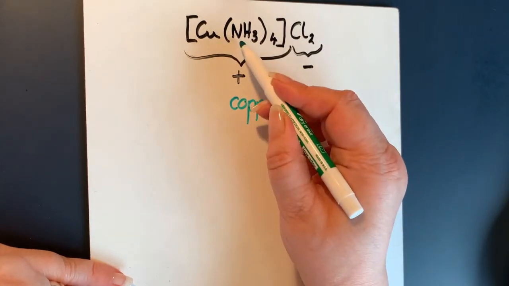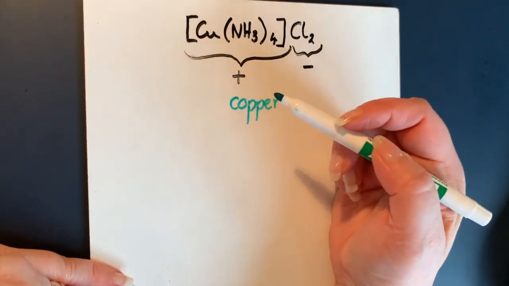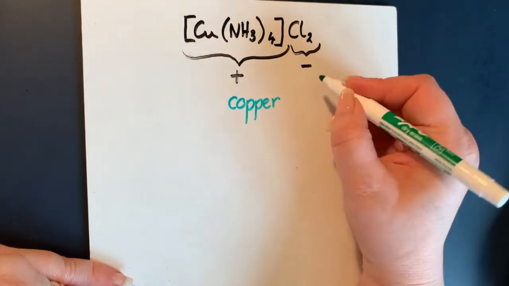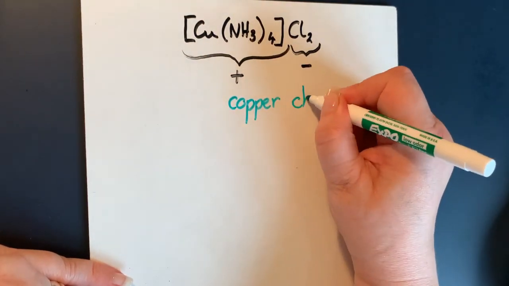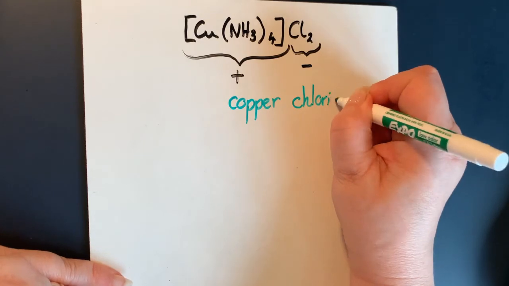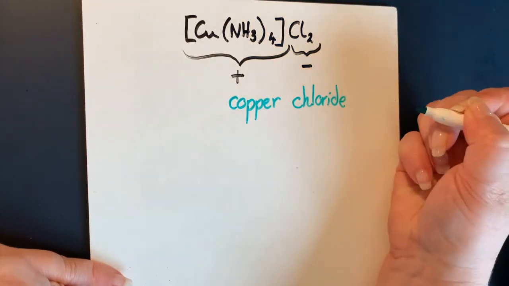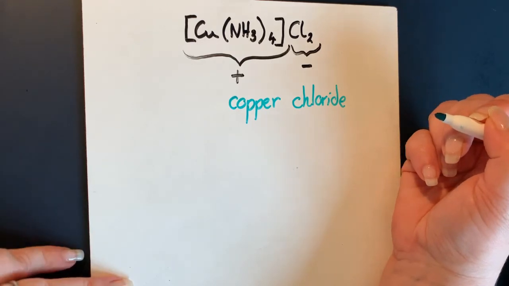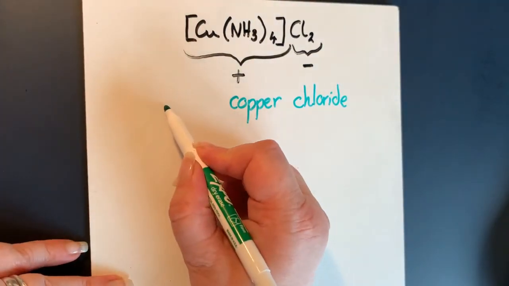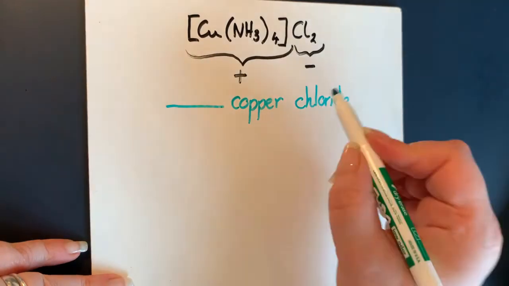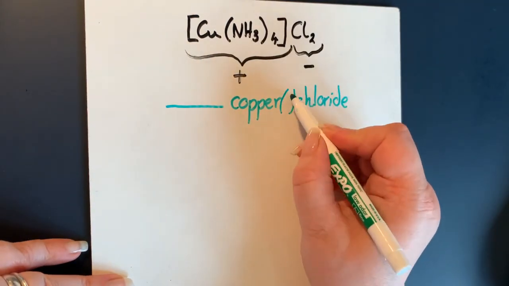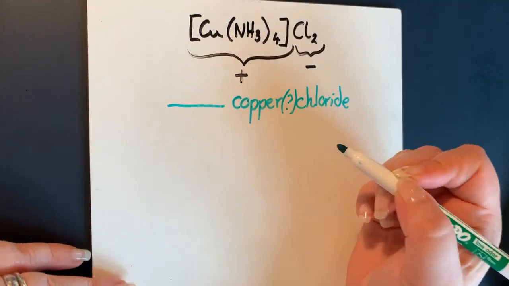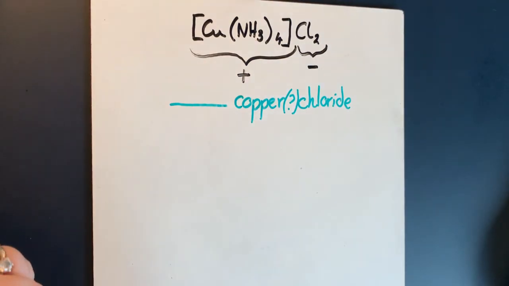So we know we're going to have something or other copper. And these ligands will be named before the copper. And at the end, all we're going to have is chloride. So that bit's nice and easy. But what we're missing is the name of all the ligands to go in here and the charge. Okay?